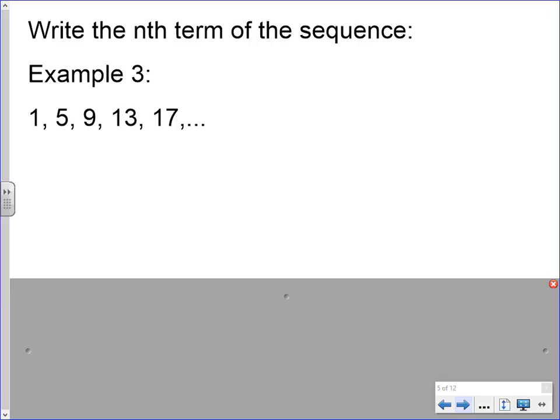All right, pod 3, what's our pattern? We're adding 4 each time. We add 4 every time. All right. So now we need to come up with a way to plug in 1 to n to get 1, and then plug in 2 to n to get 5.